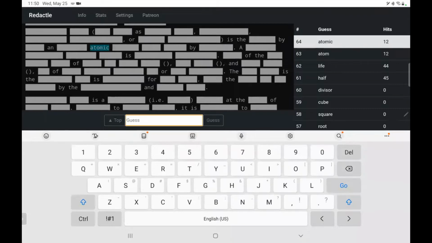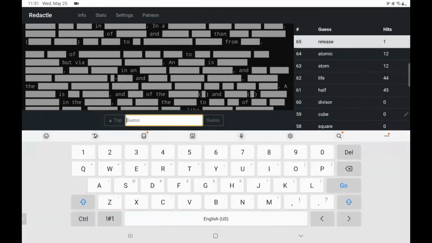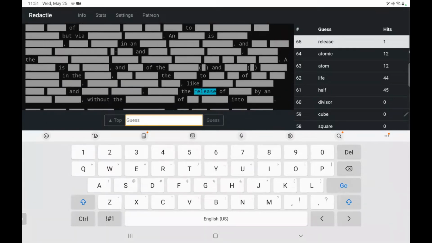So it begins with a vowel and release. Well, we just had a physics one recently. I did not enjoy that.